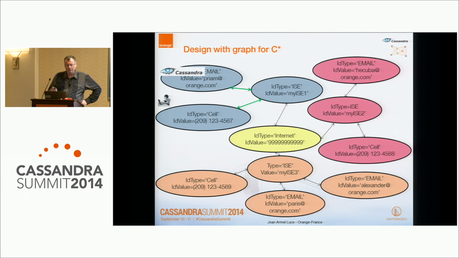It could be also the opposite. The users know the cell number and want to retrieve information which is indexed by an email address. So what we want to do is to explore the graph in all the directions.